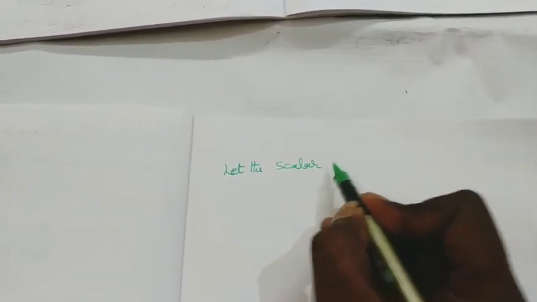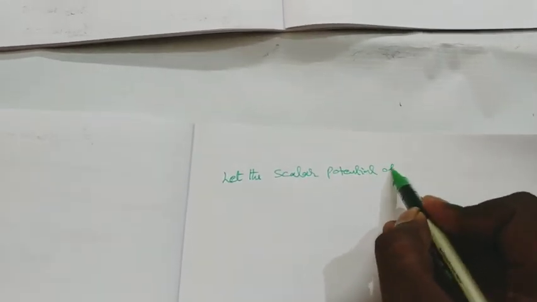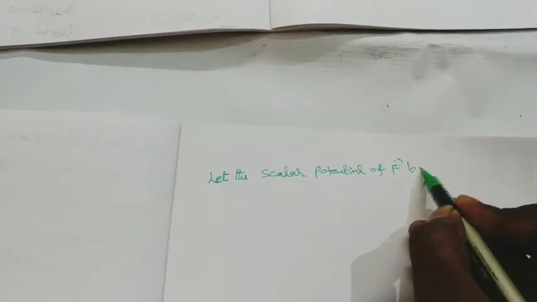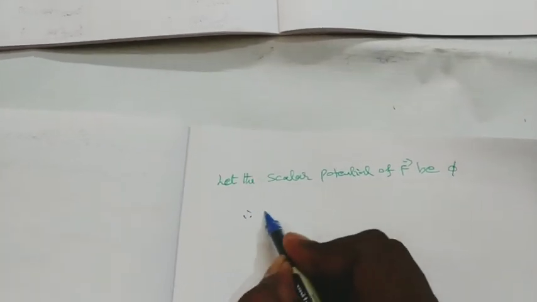So let the scalar potential of f vector be phi. Therefore f vector is equal to del phi.